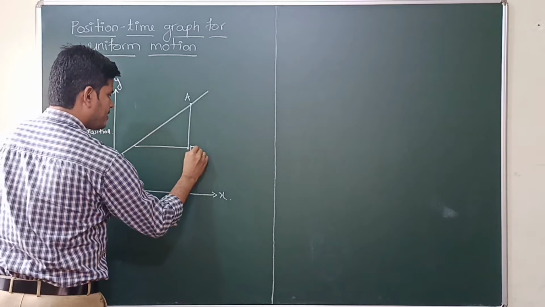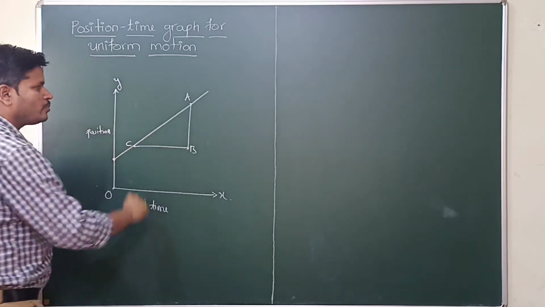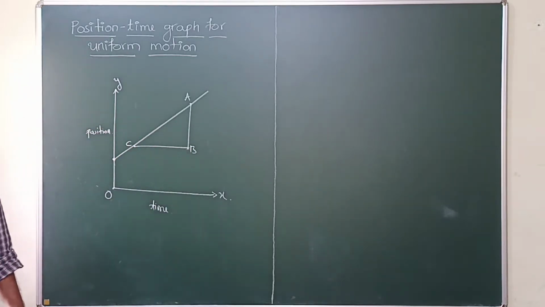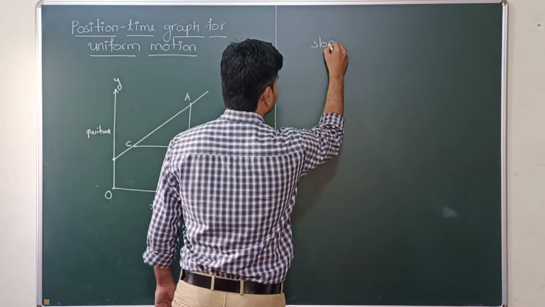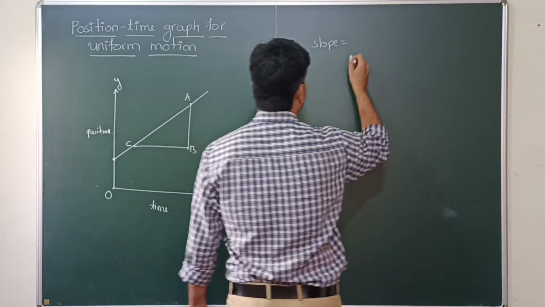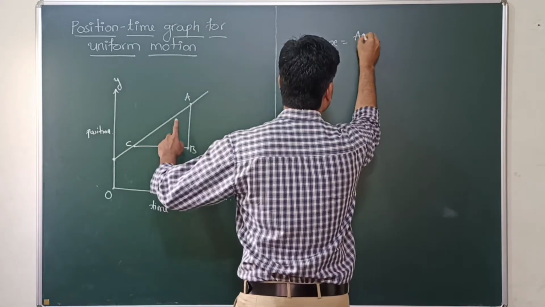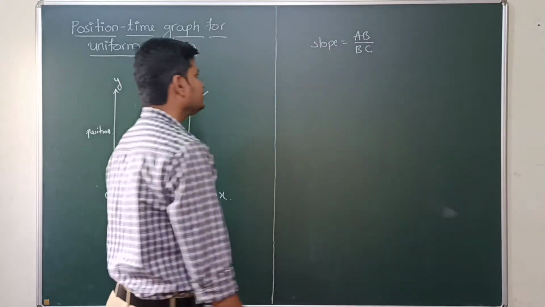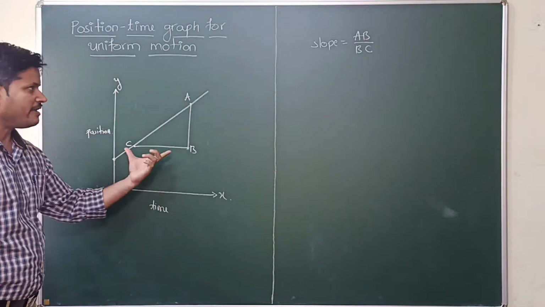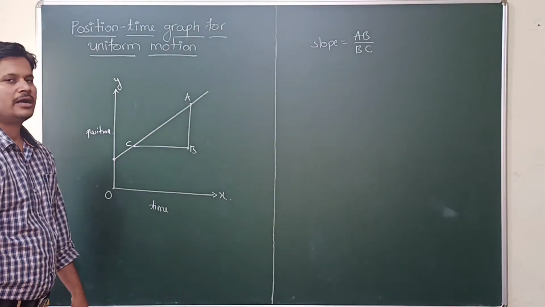Name these points A, B, C. This slope is AB divided by BC.